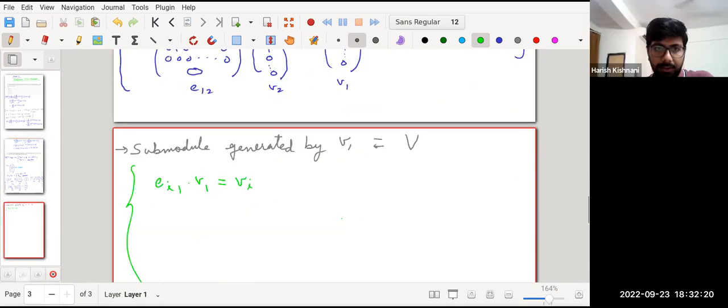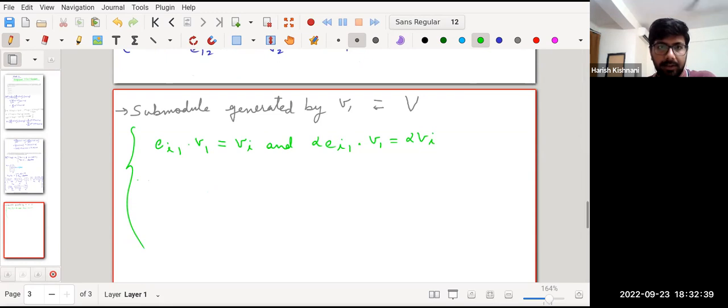And if you have alpha times Ei1 multiplied with V1, you would have got alpha times Vi, and any v belongs to V. Let me just write it like this.